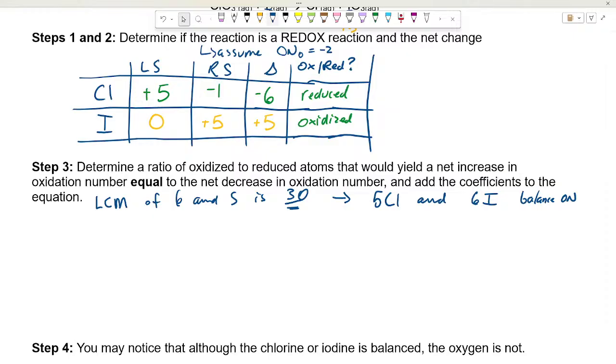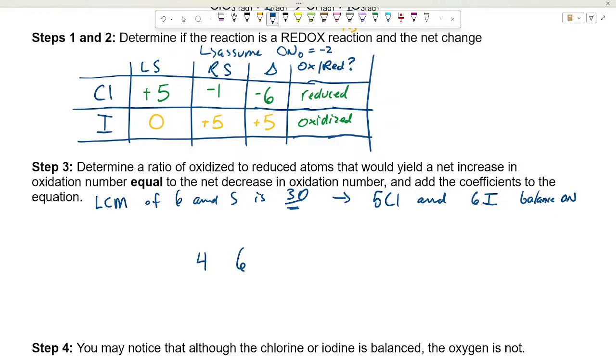Isn't the lowest common multiple normally just you flip them, so like in this case the chlorine? That will always be a common multiple, but it won't necessarily be the lowest common multiple. Like if you had 4 and 6, the lowest common multiple of those is 12.